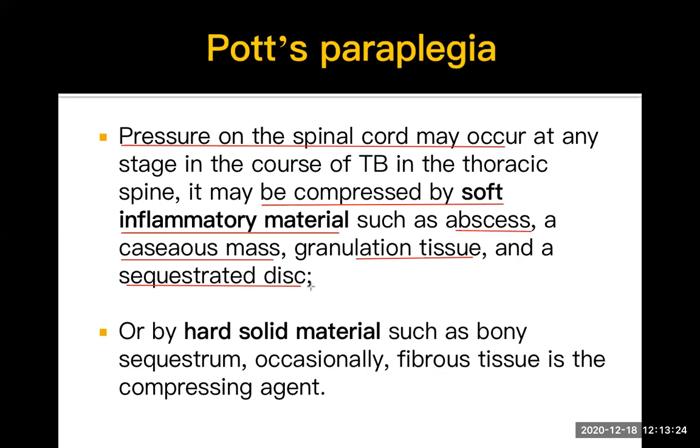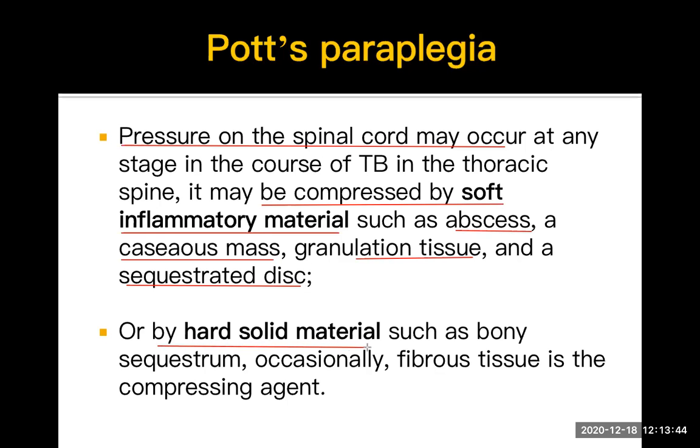This is known as a sequestrated disc. So think about intervertebral disc disintegration here, especially the nucleus pulposus part. It may be one of the important causes or mechanisms of spinal cord damage.